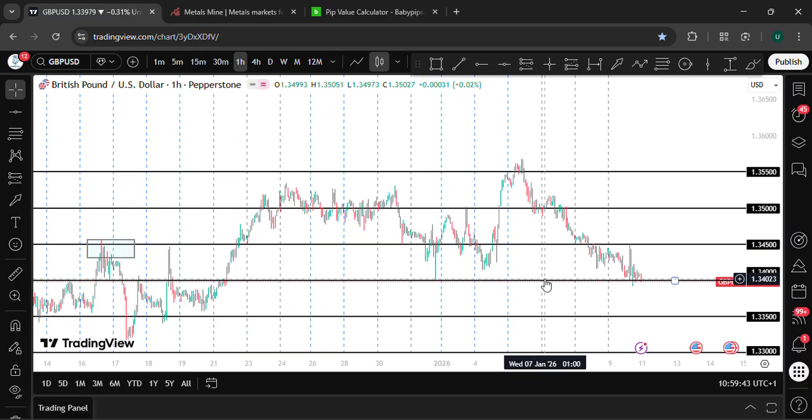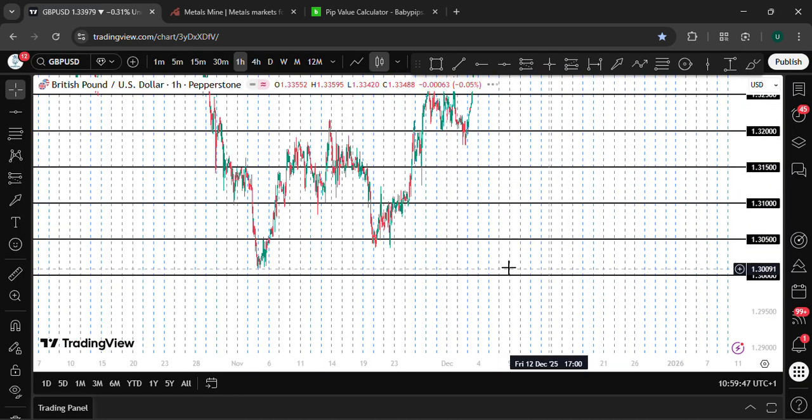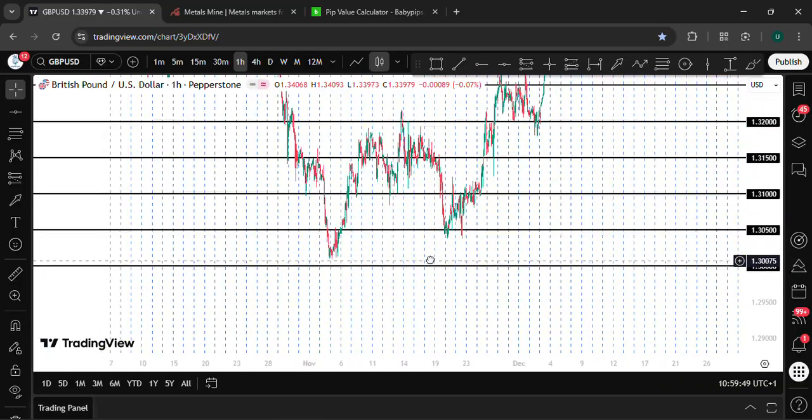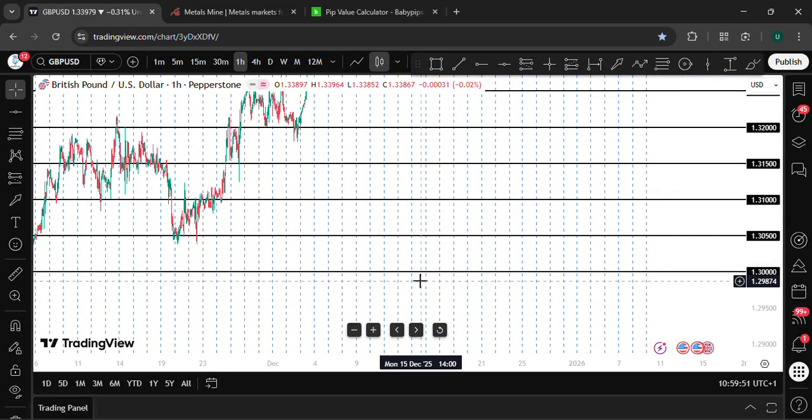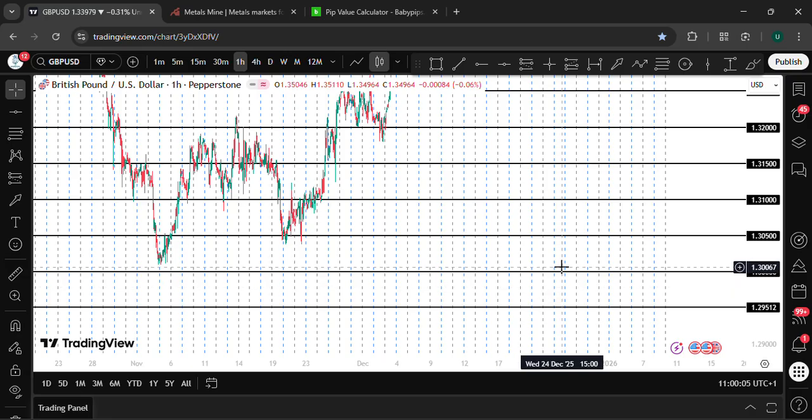So let me add one more to show you guys how it works. Okay, let's add another one and differentiate it. So this is 1.3000, and we want to add the psychological level. Just click on this, bring it down to 500. Before that, you have to measure 50 pips.